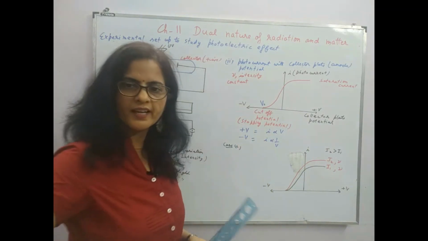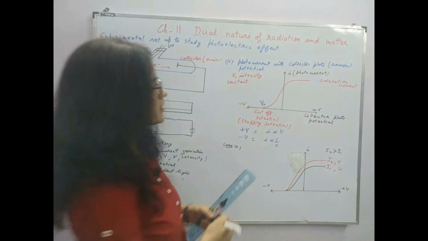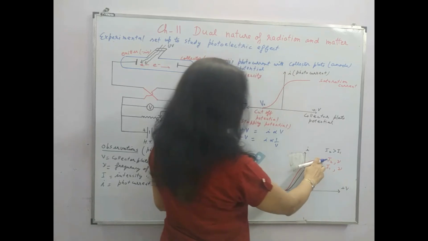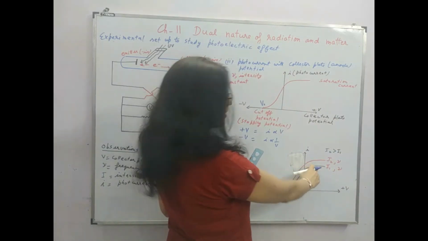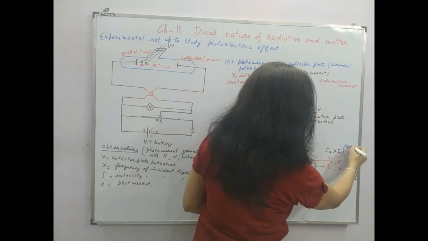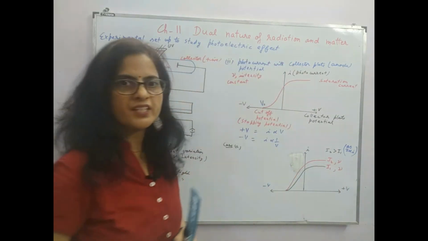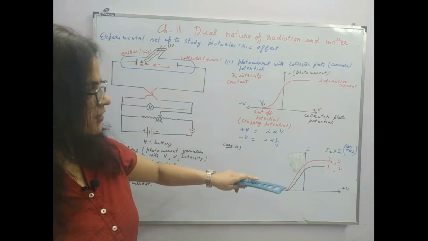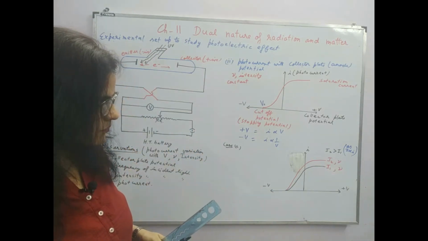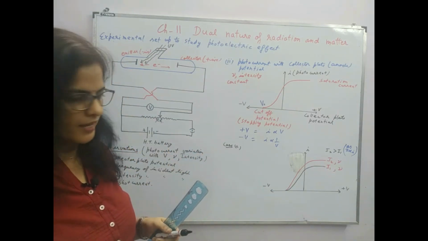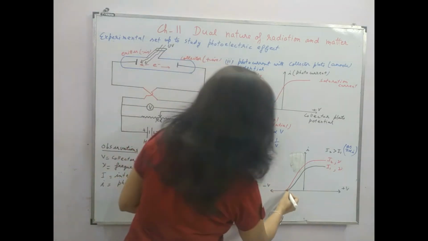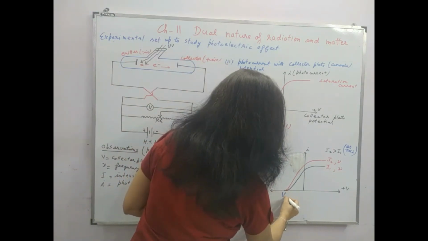Why? How can you say that? Because this saturation current is more, this saturation current is less, and current is proportional to the intensity. So for I1 the saturation current is less, so the intensity is less, right? And this is cutoff potential for both the graphs.